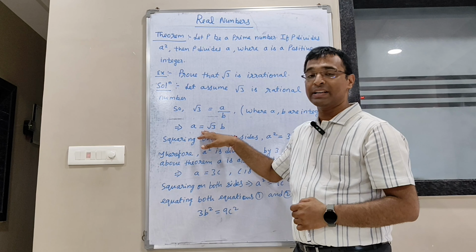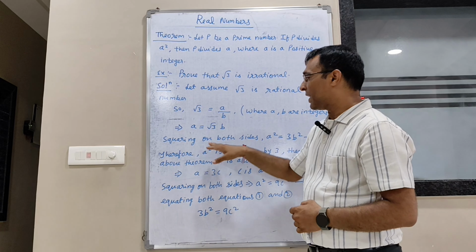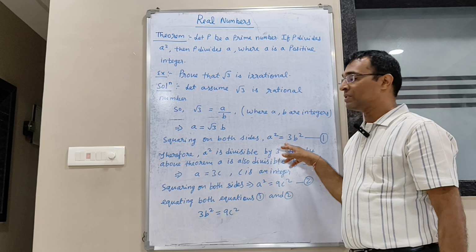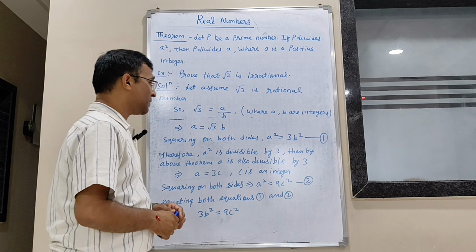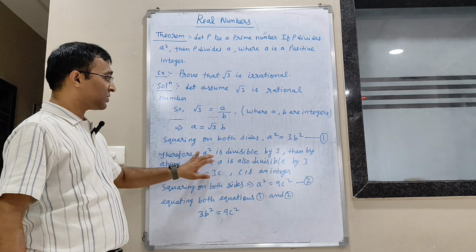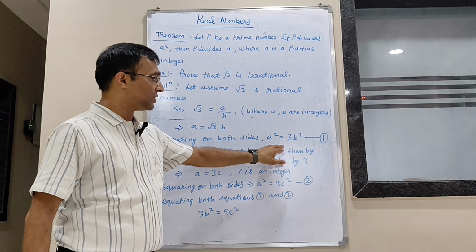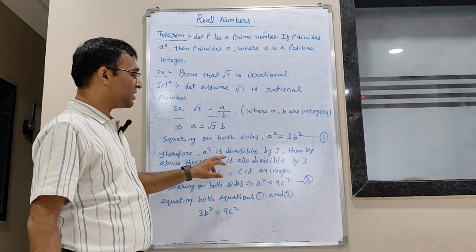Rearranging the equation, we get a equals root 3 b. Squaring on both sides, we get a square equals 3b square. Therefore a square is divisible by 3, as we can see in equation 1, then by the above theorem a is also divisible by 3.